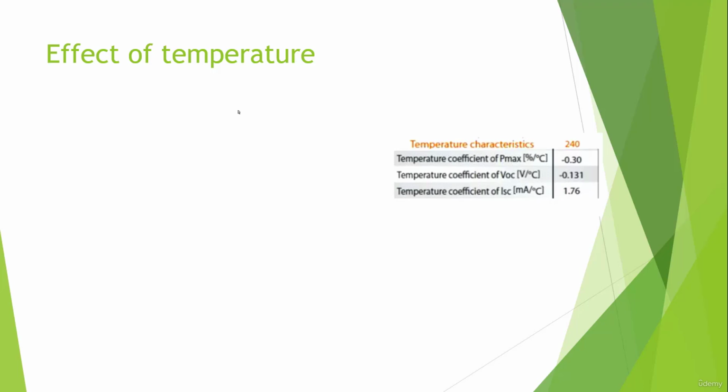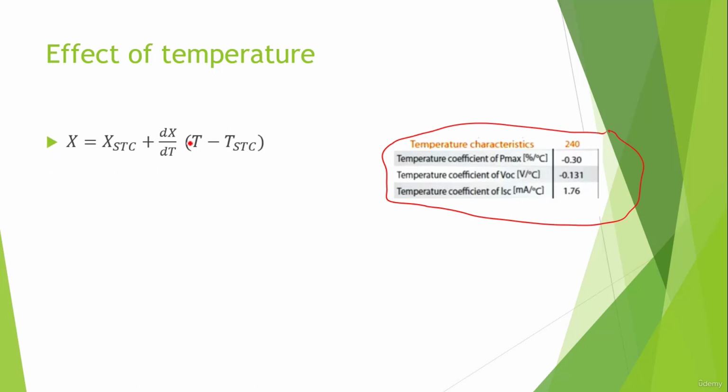Basically, it is going to affect it like this temperature characteristic table and this equation, which says X equals X STC plus dX by dT times T minus T STC. The T STC is the standard temperature condition at which you determine the value of the standard open circuit voltage, standard maximum power point current and short circuit current.